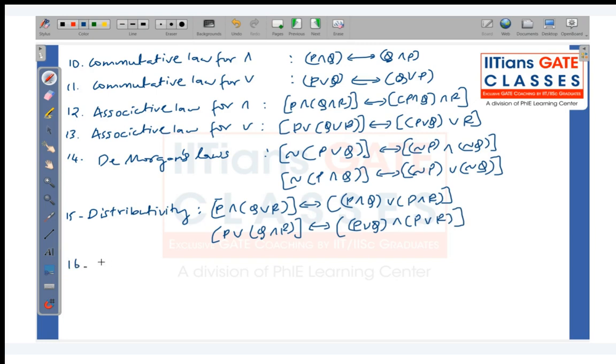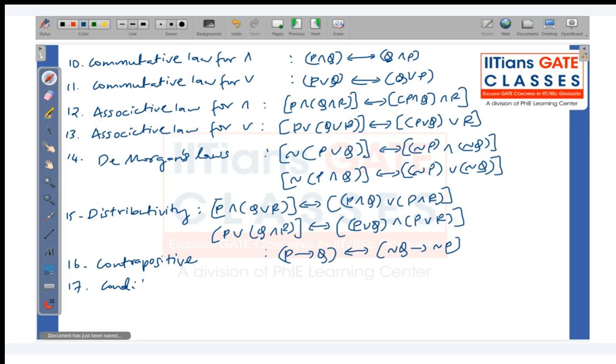Next comes the contrapositive law, the law of the contrapositive. This essentially tells us that if P implies Q, then this is logically equivalent to negation of Q implying negation of P. Next one, conditional disjunction.